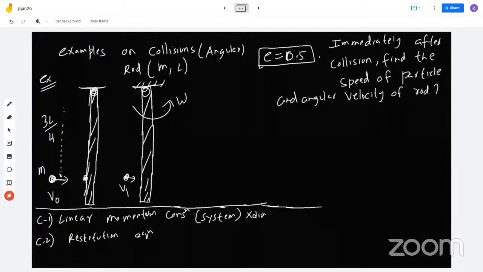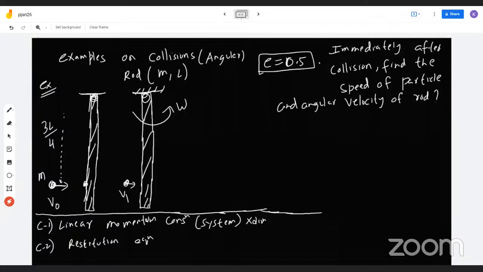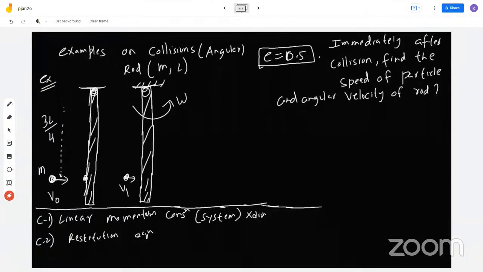The net force in the x direction on the system of rod and particle is 0. Yes, Anya, is it 0? The velocity is constant. But Aditya, the question still remains the same. You're not telling the force. Akshat, is the force 0 or not when we take both of them as a system?